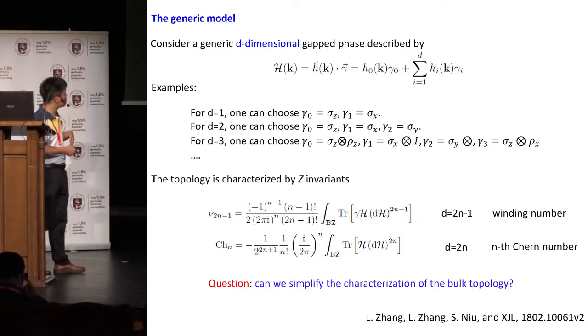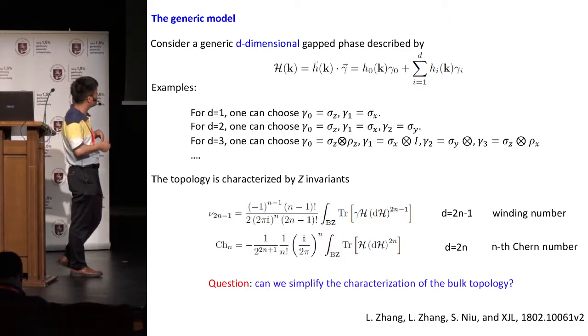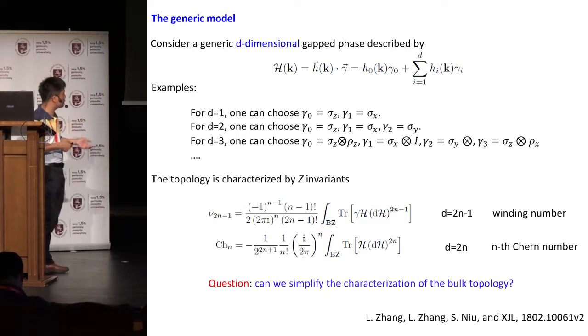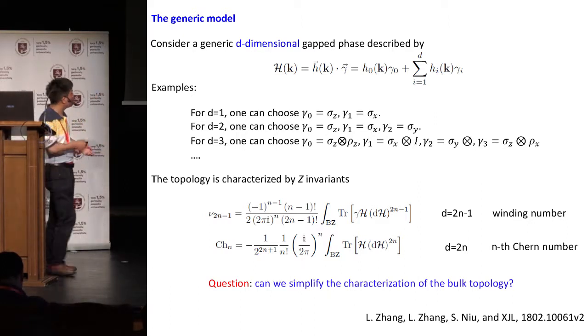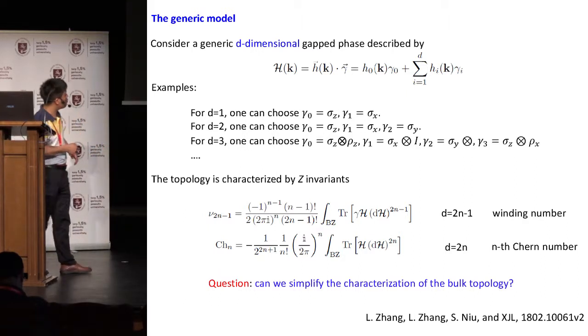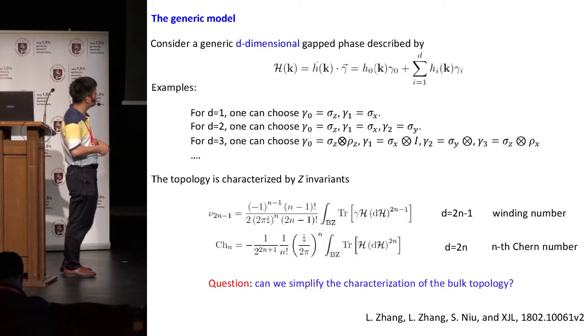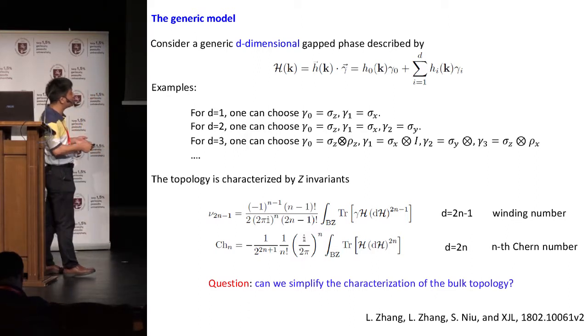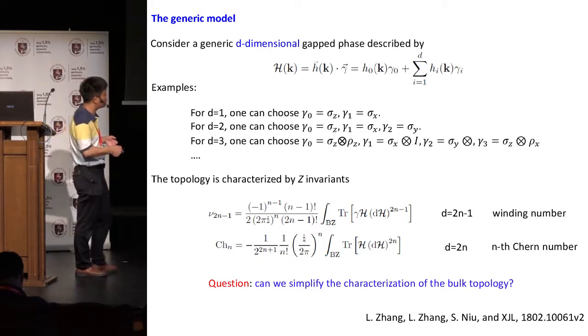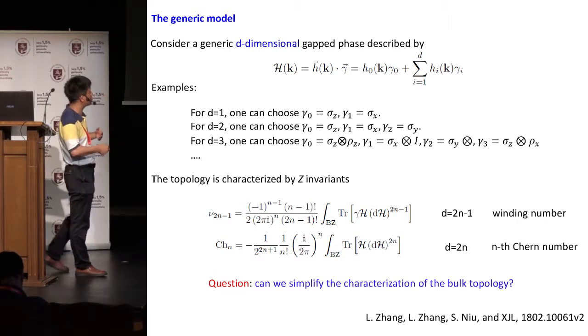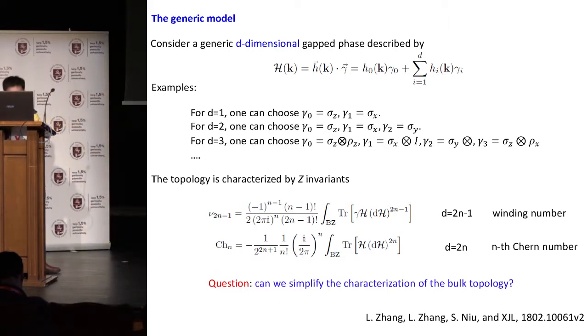Here we just introduce the minimal case and establish the theory for this Hamiltonian. Even for this minimal Hamiltonian, the topological invariant is the winding number for the odd dimensions, and the Chern number for the even dimensions. But the winding number, the topological invariant, is still complicated.